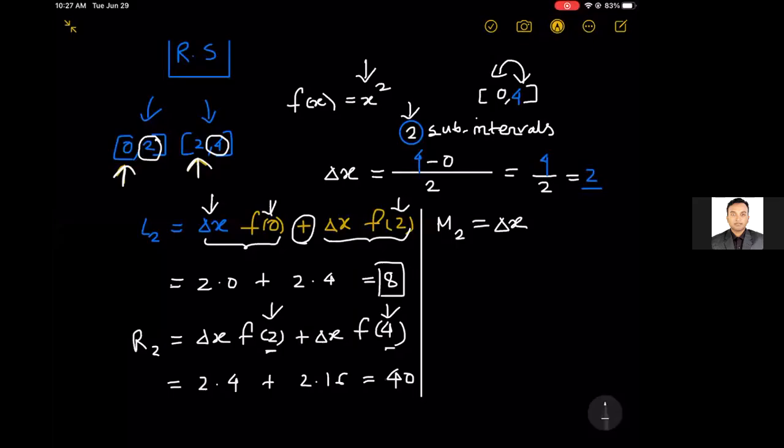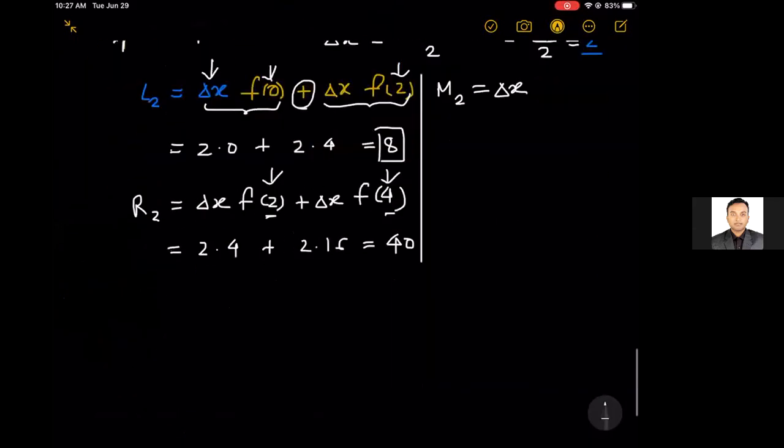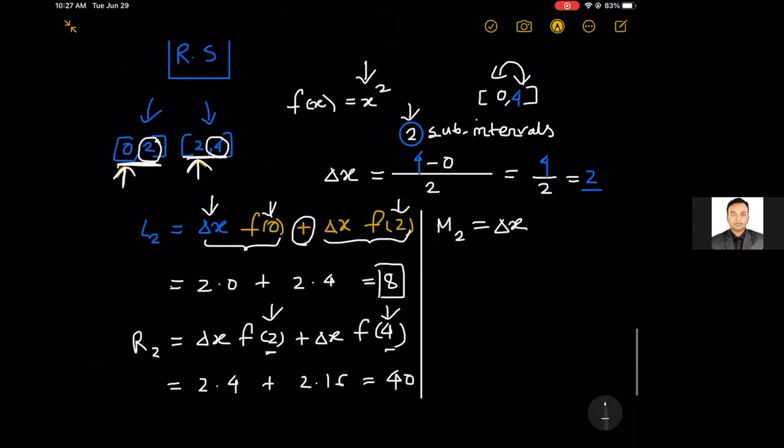Isn't it the midpoint of each of those subintervals? The midpoint of each of these subintervals, right? If you remember, I did mention that. So if this is your interval 0 to 2, what's the midpoint of 0 to 2? 1. 1, exactly, right?